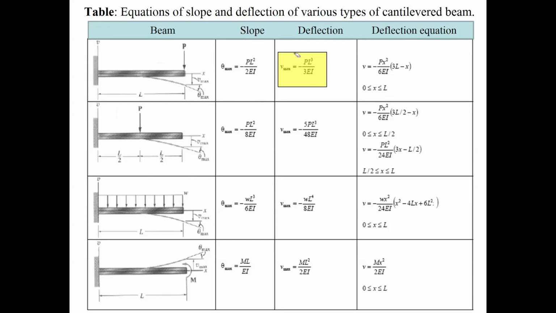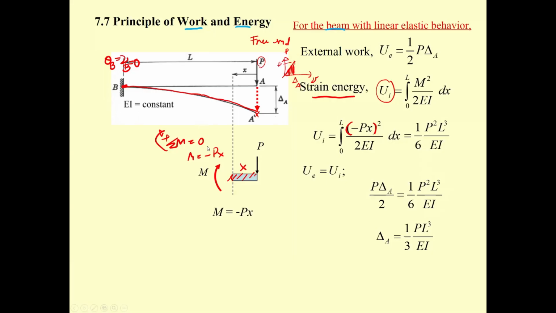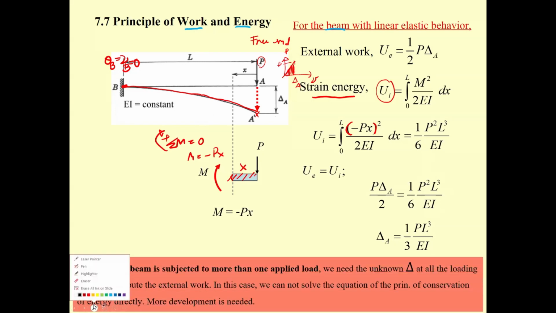Oh, this is very powerful. But this one is a special case. If we have more forces, such as another force applied at the length of L over 2, now this will require another 1/2 P delta term to be considered, and then you can do the integration.